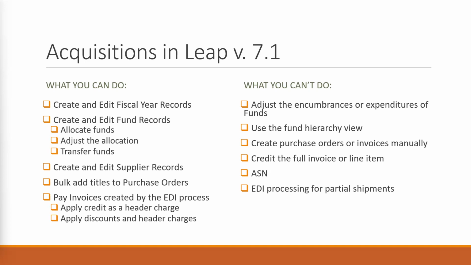So the full workflow is not available in LEAP yet, but you can begin to familiarize yourself with its functionality, learn about the functions that are available, and test it out and let us know if there are any problems that you experience that we should forward on to Innovative.